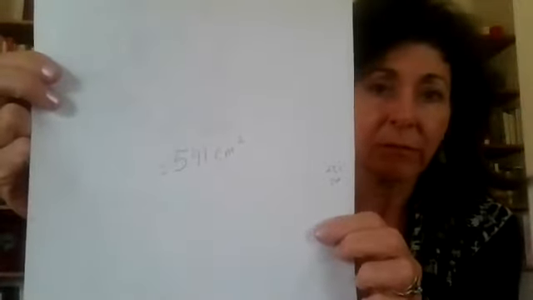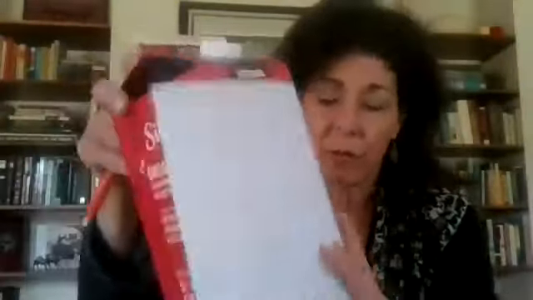So what I did is I took a sheet of paper. This is approximately 591 centimeters squared. So that's not quite enough. If you thought about it, could you wrap this carton with this sheet of paper and have enough? No. How much additional do you need? 342.1 centimeters squared.